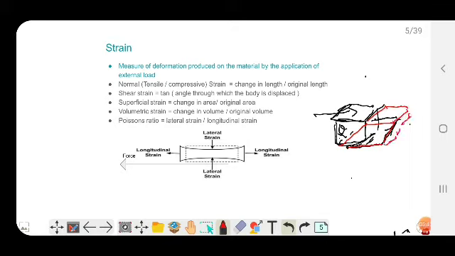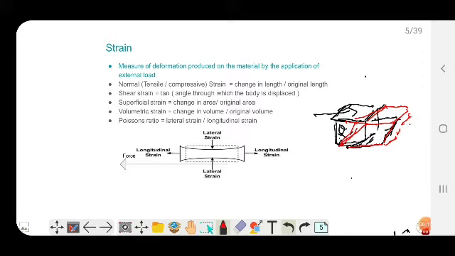I think you have now got a clear idea. And superficial strain is change in area by original area. Volumetric strain is change in volume by original volume.